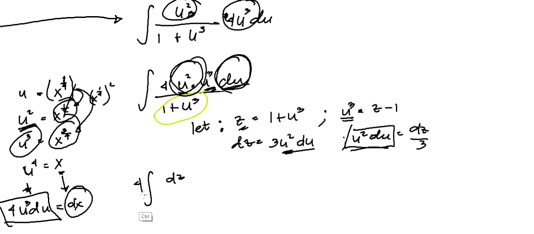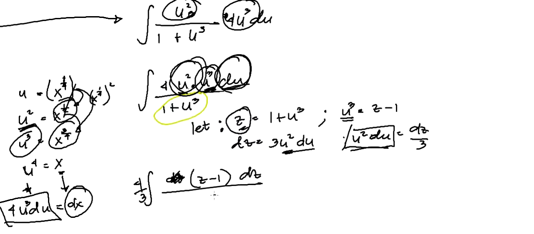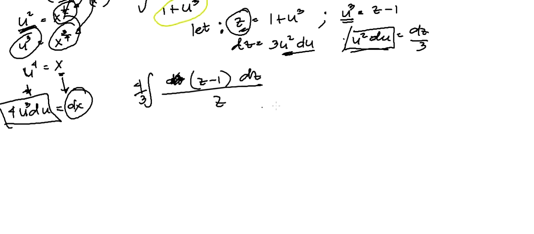Let's move the 3 outside, so dz over 3, and then our u cubed is z minus 1, right? So we have z minus 1 dz, and then our 1 plus u cubed is all over z.